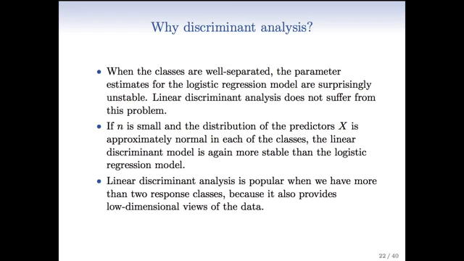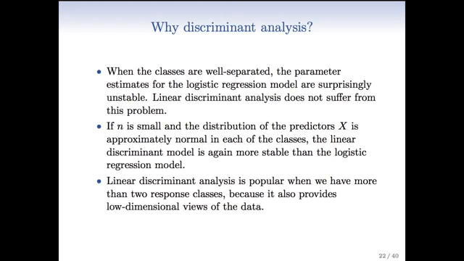Now, you can do things to make logistic regression better behaved, but it turns out linear discriminant analysis doesn't suffer from this problem and is better behaved in those situations. Also, if n is small, the sample size is small, and the distribution of the predictors x is approximately normal in each of the classes, the linear discriminant model is again more stable than logistic regression.